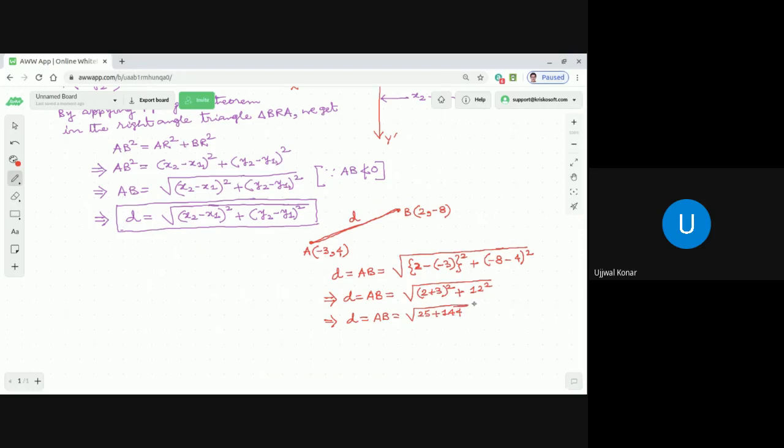So this implies D is equal to AB is equal to square root of 169. And what is the value of square root of 169, dear students? It is 13. So the distance between the points with coordinates -3, 4 and 2, -8 is 13 units.